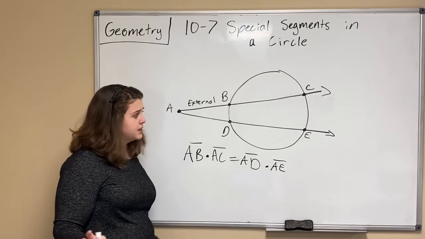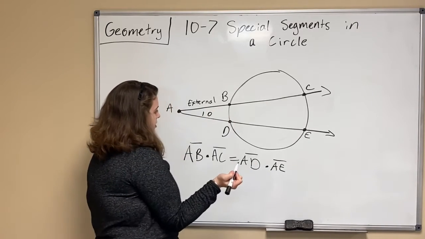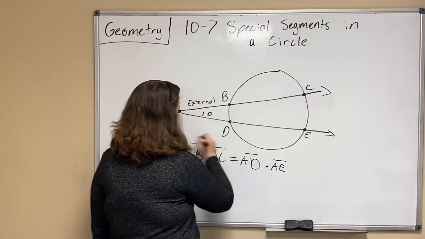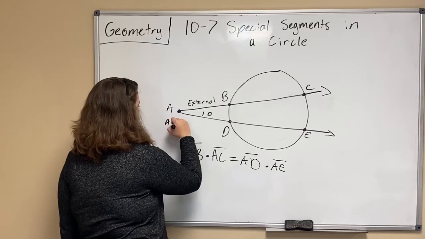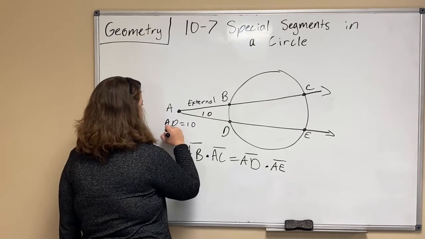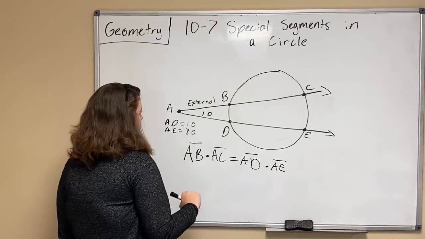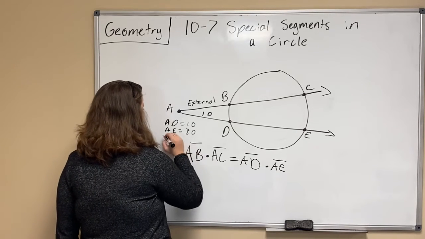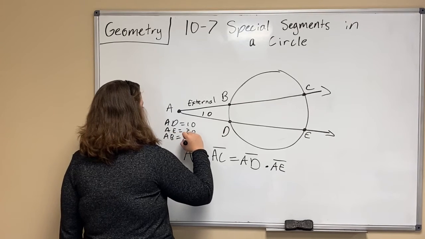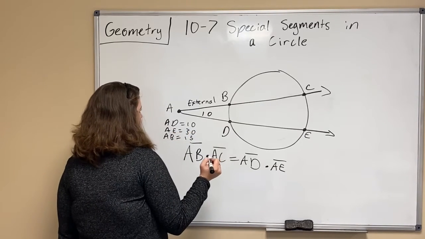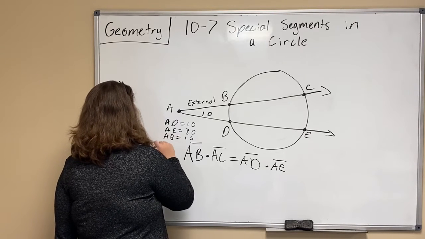Now, if I said AD equals 10, AE equals 30, AB equals 15, and then I said, find BC.